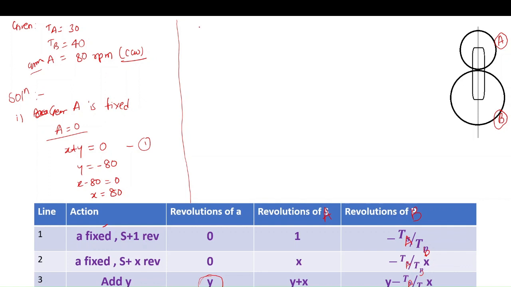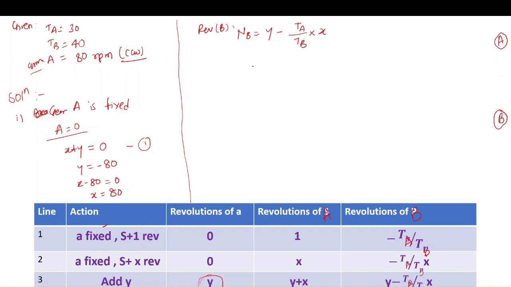Now what is the revolution of B? That is NB equals y minus TA upon TB into x. What is y? y is minus 80, minus TA upon TB, which is 30 upon 40, 3 by 4, into x, which is 80.